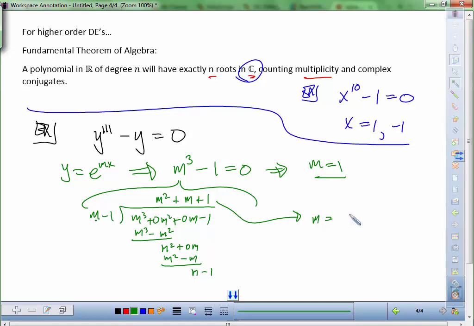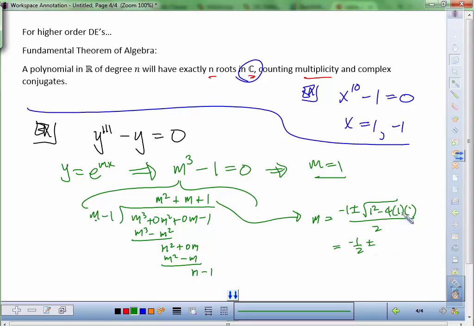So m is equal to negative 1 plus or minus the square root of 1 squared minus 4ac, all over 2. So this becomes minus 1/2 plus or minus.